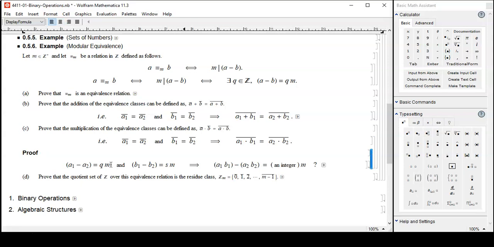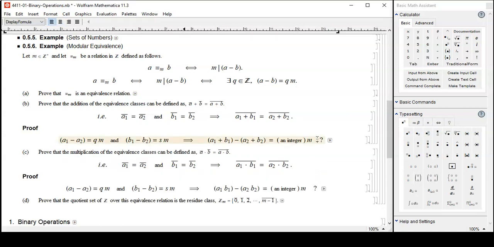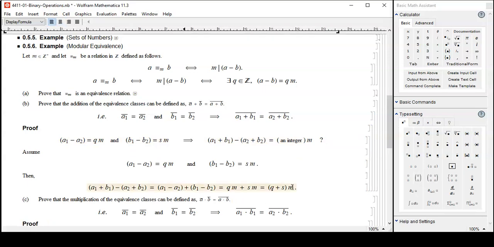A1 and A2 are related, so we have Q times M. B1 and B2 are related, so we have S times M. And now the products are related, something times M. The problem is, how do you algebraically deduce this? Previously it wasn't that bad. I mean, same setup basically, except for the algebraic operation. But the proof wasn't too bad. All I had to do was simply add them up.